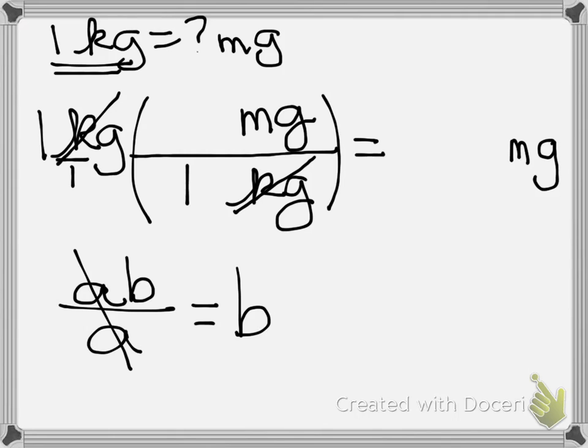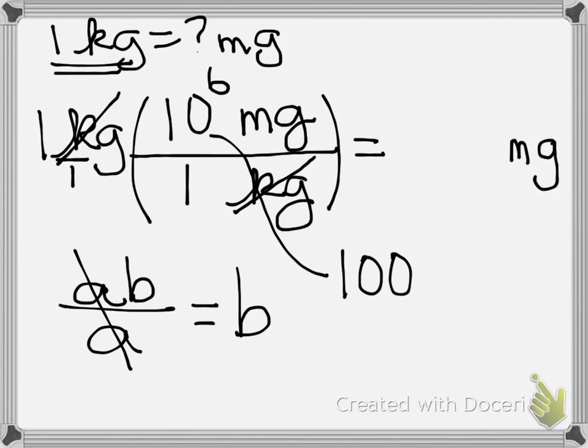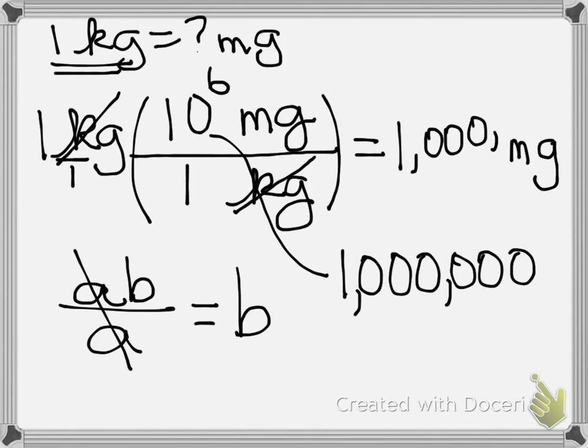So we can write this as 10 to the 6th. The other way, if you prefer, is you could write this instead as a 1 with 6 zeros. So 1 million. So obviously 1 times 10 to the 6th is 1 million milligrams. So that is how we would do this.